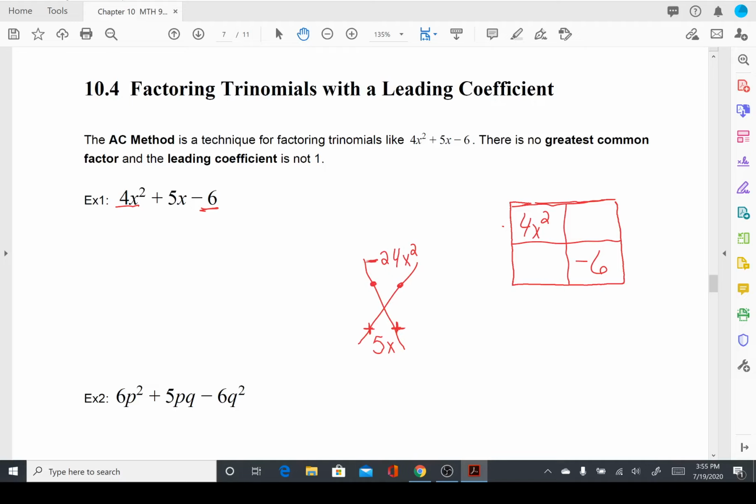What I would suggest, think about how you can make 5 using addition. And so pretty soon you'll find out, like if I stuck with 1 plus 4 or 3 plus 2, and you thought about those numbers, you'll find out that we're making 5, but we're not getting anywhere close to multiplying to be 24. So you'll find out pretty quickly that one of your numbers needs to be negative.